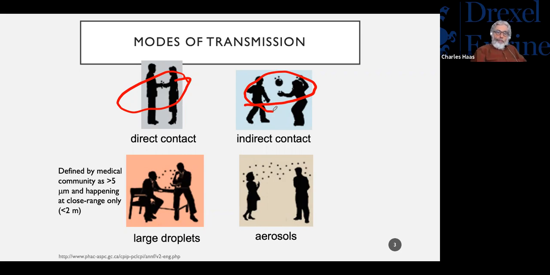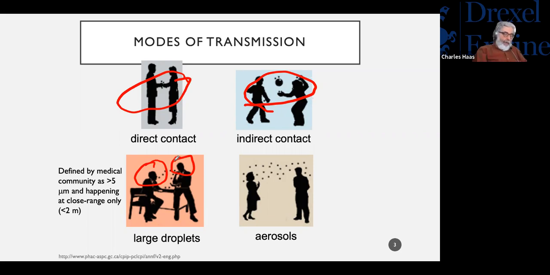And then there's transmission in one of two ways: by particles emitted from the infected person to a susceptible person. They can be large particles that impinge directly on the recipient. The medical community defines these as 5 microns or greater and asserts, although we'll come back to this again and again, that it happens only at close range, less than 2 meters.